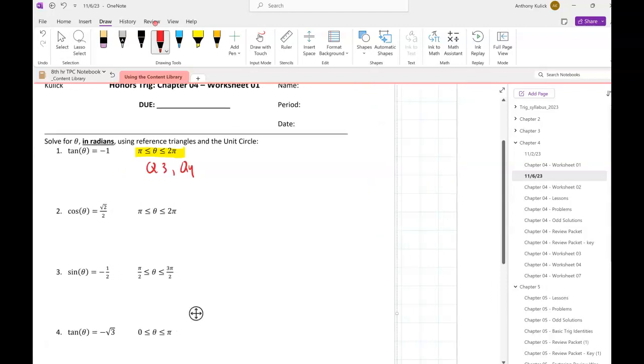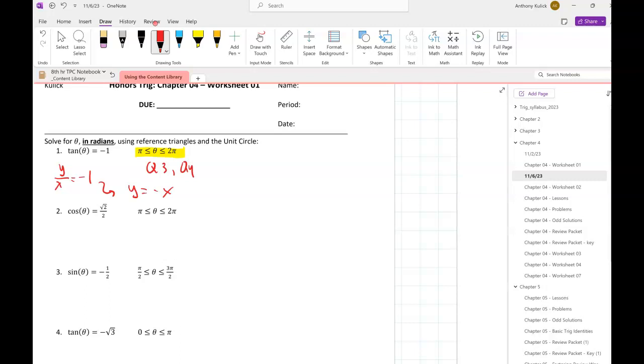And it's tangent. So I remember on the unit circle, tangent is y over x. So if I multiply both sides by x, I need a place where y equals negative x. So what that means is that the x and y coordinate on the unit circle should be the same number, but opposite signs.